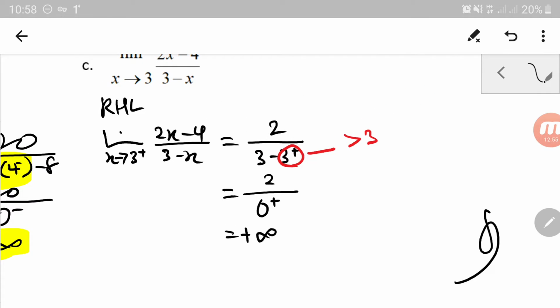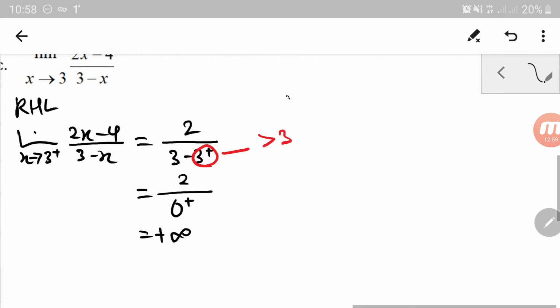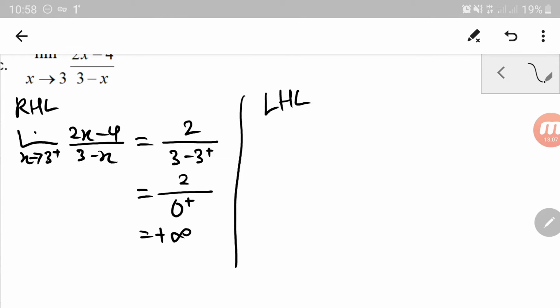Okay, so let's continue with the left hand limit. So I get rid of this. Left hand limit: limit as x approaches 3 from the left of 2x minus 4 over 3 minus x.